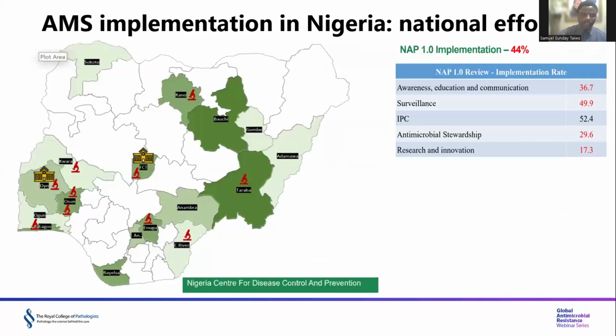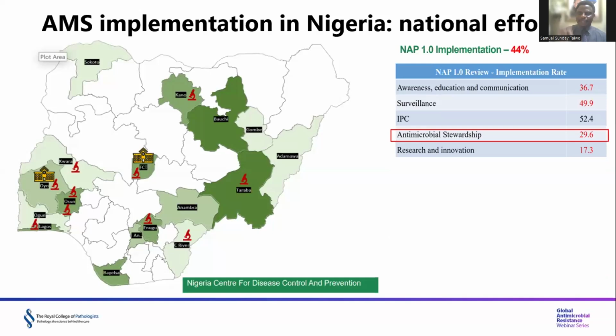Now, looking at antimicrobial stewardship implementation at national level, the national effort of the Nigeria Centre for Disease Control and Prevention, the National Action Plan 1.0, which was between 2017 and 2022, when you look at the implementation rate across the 5 strategic areas, it was 44% across the board.